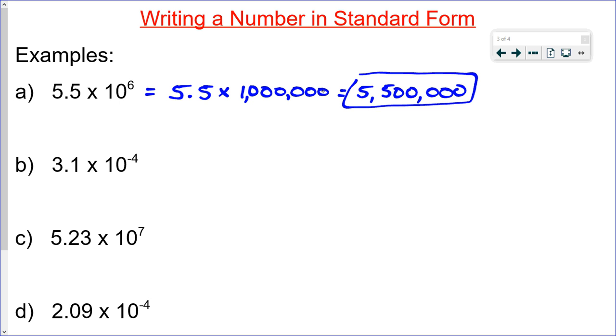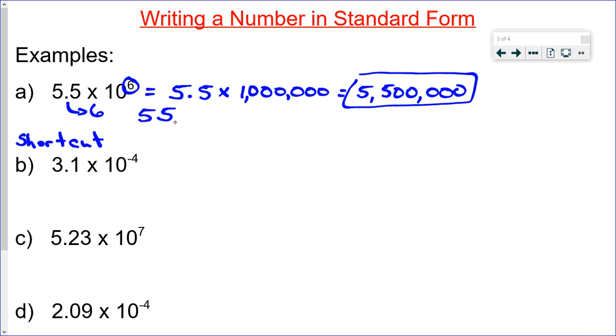All right, so I said I would show you a shortcut. Here's the shortcut. Take this decimal point and move it 6 places to the right. So I write the 5 and the 5. The decimal point was here, I moved it 1 place.